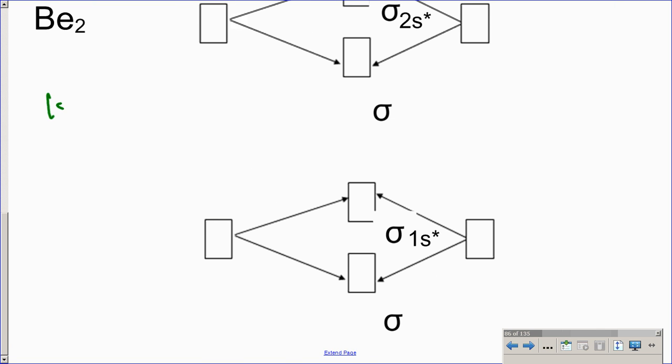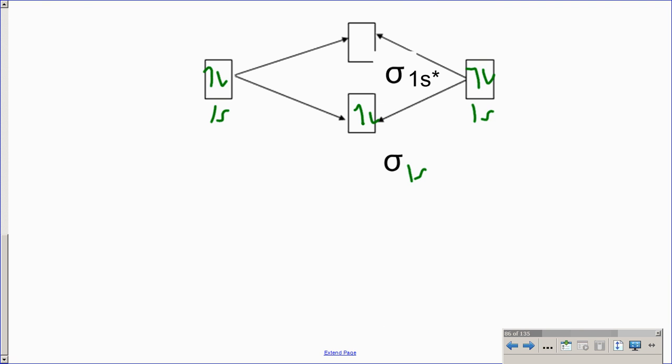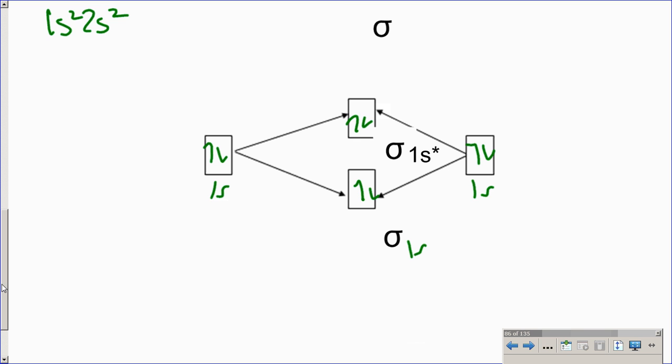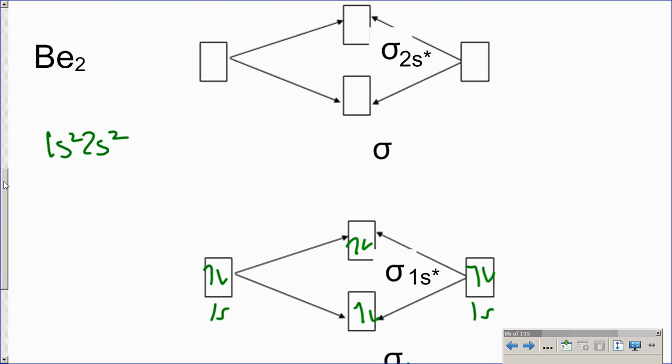Beryllium. So let's go faster this time. Here's 1s2, 2s2. This is 1s, and this is 1s, 2, 2. So the molecular orbitals, sigma 1s and sigma 1s star, get filled. And then this is 2s and this is 2s on each atomic orbital.